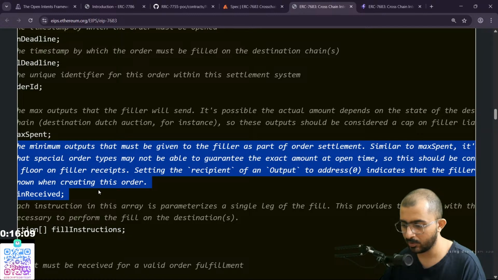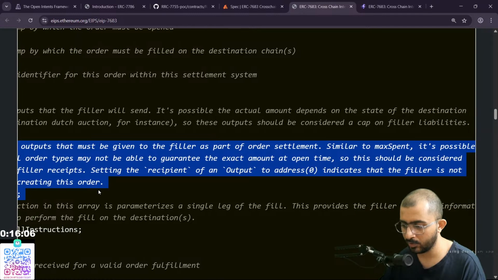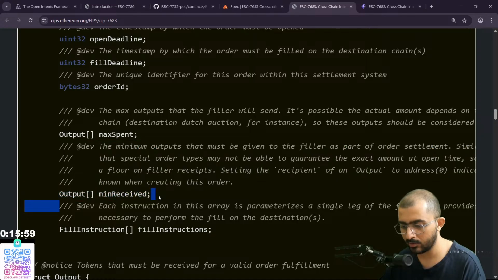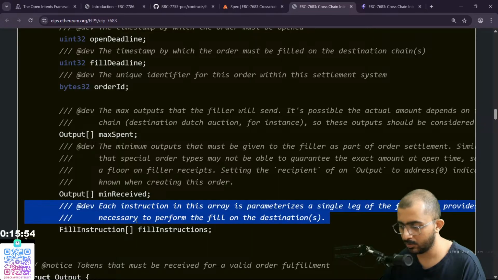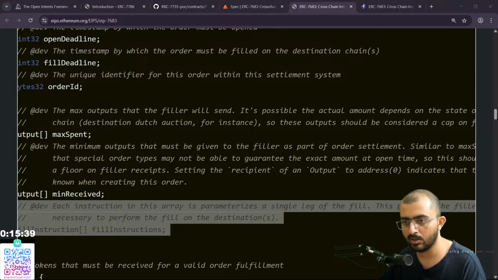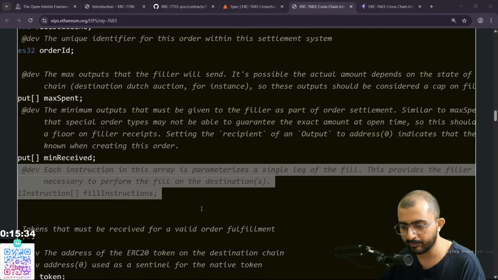Setting the recipient of an output to 0 indicates that the filler is not known when creating this order. Okay, I didn't understand the last part, but the first is how much minimum amount of token you can accept. That's what they are trying to ask, I guess.